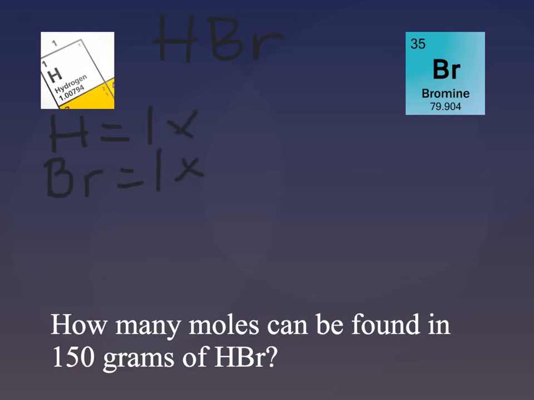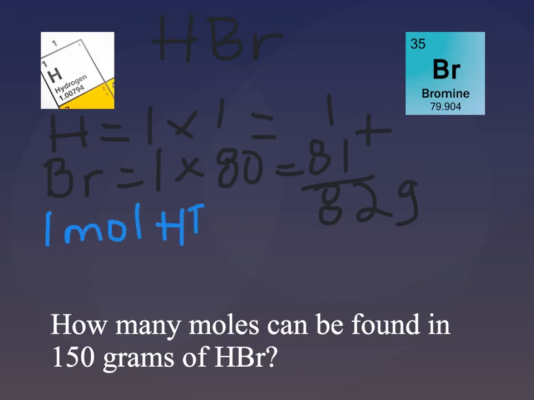Let's multiply this number by the atomic weight. And now, of course, you remember this cross proportion rule we already studied. So I can say that in 1 mole of hydrobromic acid, there are 82 grams.